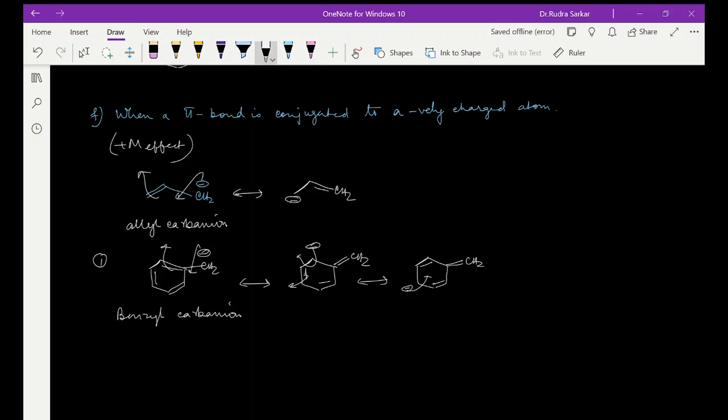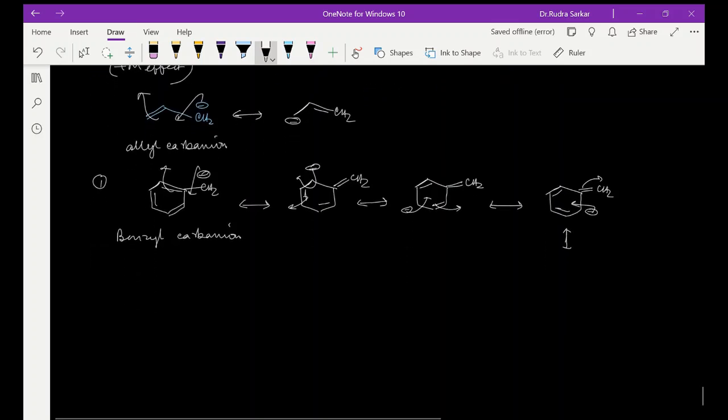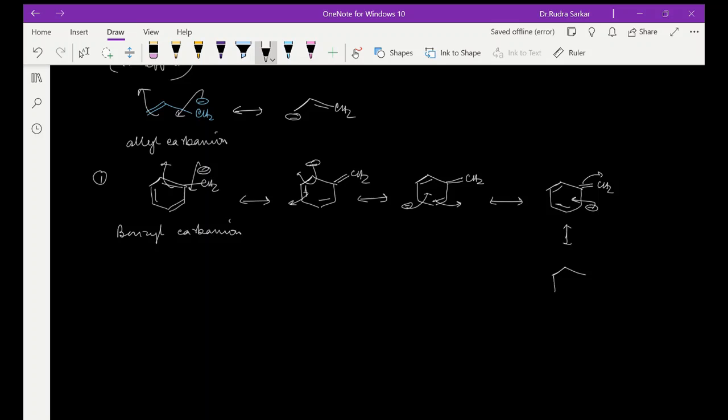Also important to notice that the negative charge moves towards the pi electron cloud, right? So if you compare this with the benzyl carbocation, you will see the reverse movement of the arrow. So here the negative charge is moving towards the pi electron cloud. Okay, and these are the following resonance structures that we will get.